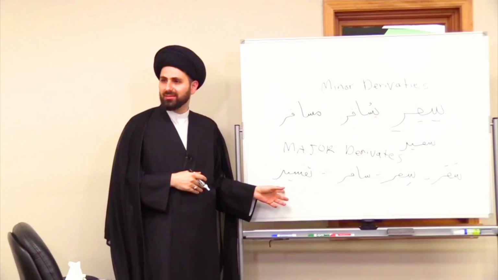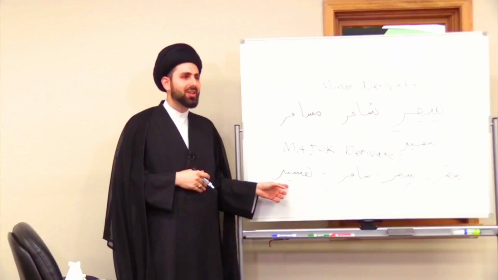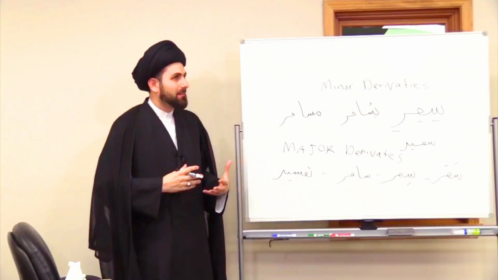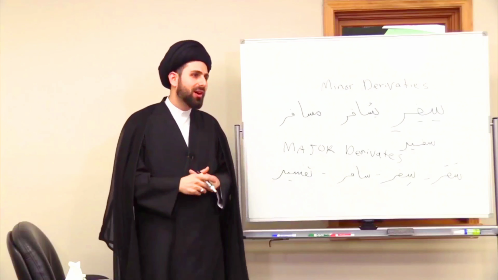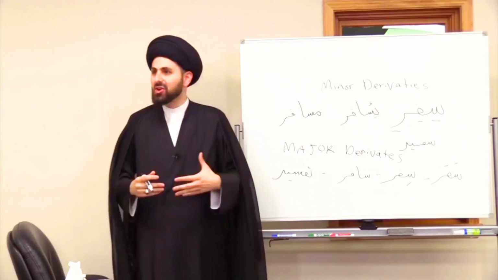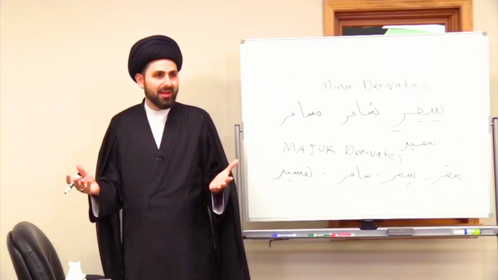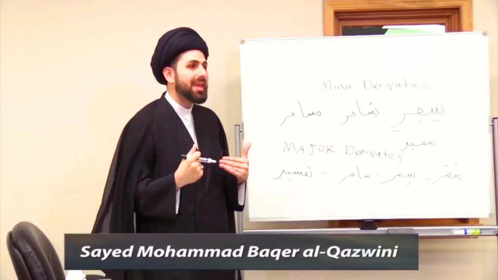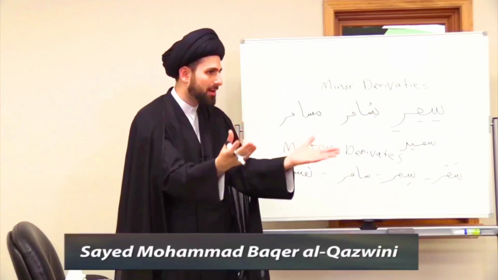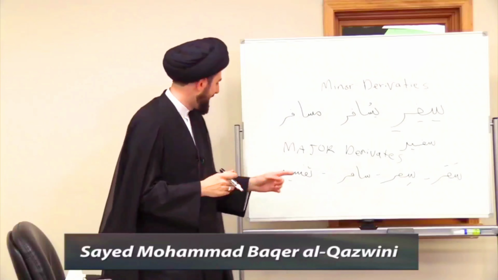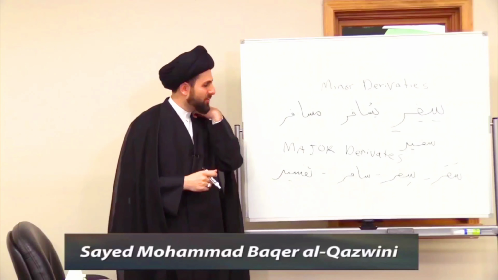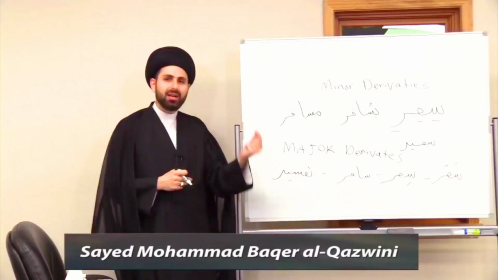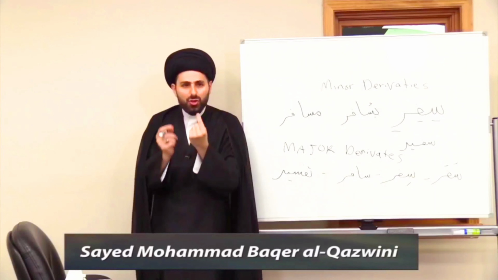Tafsir. Why is it called tafsir? Why does it use the same root word? Because it's showing the inherent meanings of the Quran. Meanings that are not apparent to the average person. Through the process of tafsir and exegesis, you make it apparent to the audience, to the listener, to the reader. And hence it's called tafsir. So you see that all these words, they go back to one major root word.